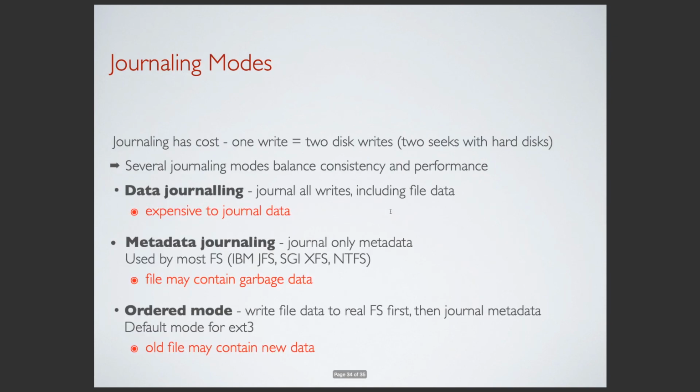With metadata journaling, you write only the metadata. Okay, so here you can maybe restore the inodes and so on, but the data are going to be lost. So that's why the file might contain garbage data, but at least your file system is intact, right? So here you are going to have a gain in terms of performance, but you might lose data, but you're not going to corrupt the file system.